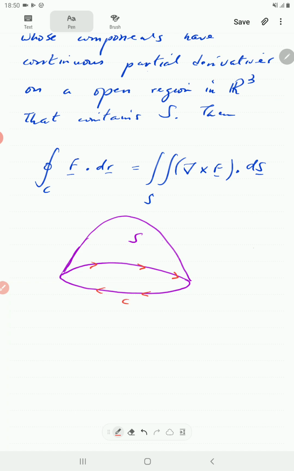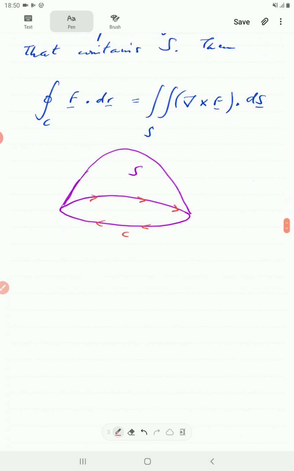So this is going to be our contour C. We're not going to prove this theorem, but we're just going to go straight into examples and demonstrate how this theorem works.